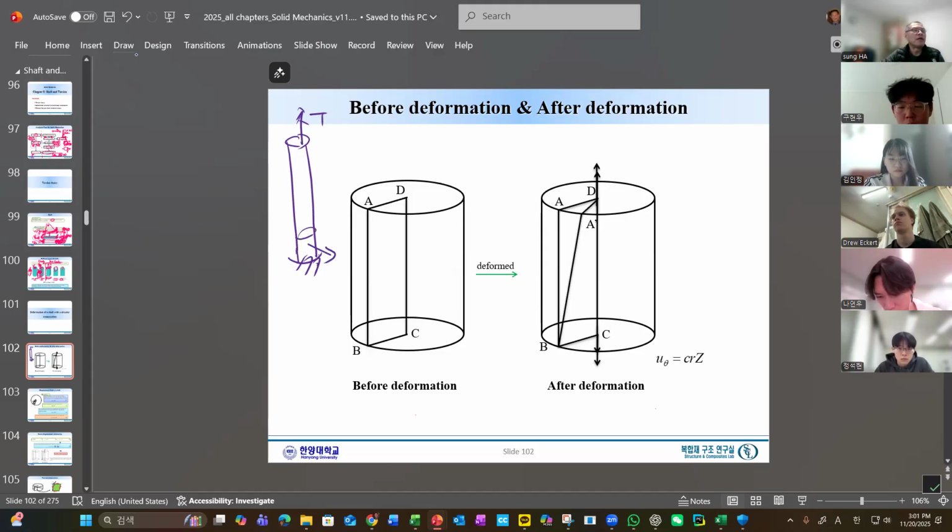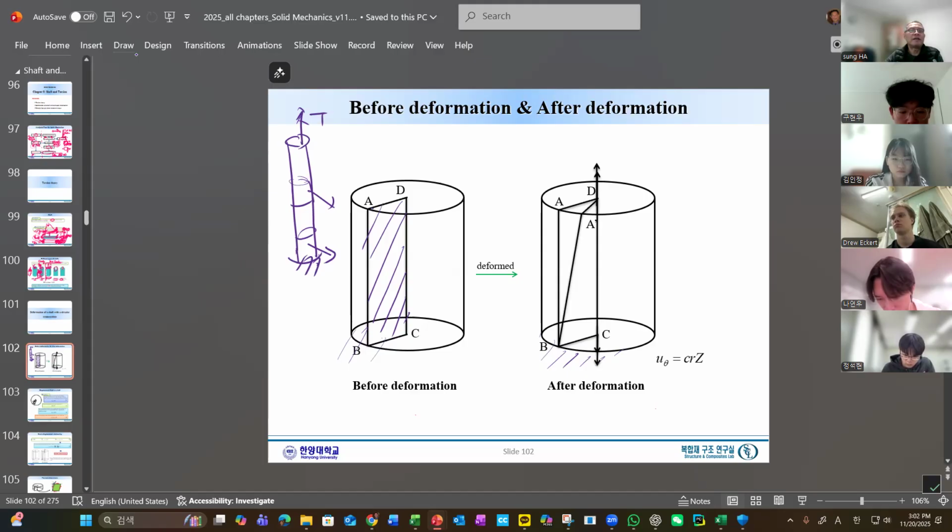This will apply to any section, by the way. But for convenience, we just take and define four points A, B, C, D, and we define this section. Then we look at the deformation with respect to a bottom plane, where we assume this is a clamp.